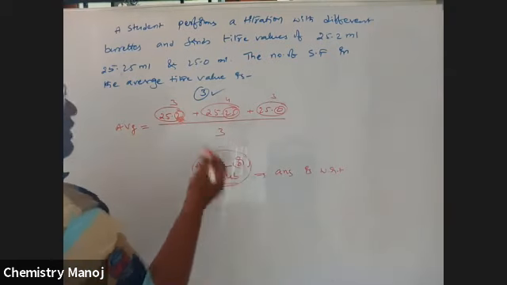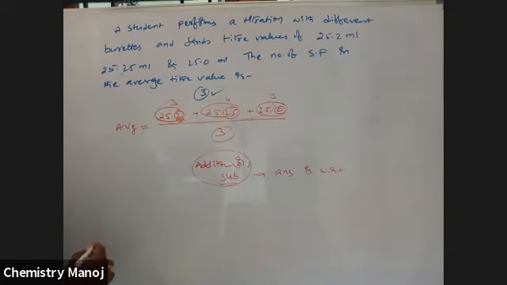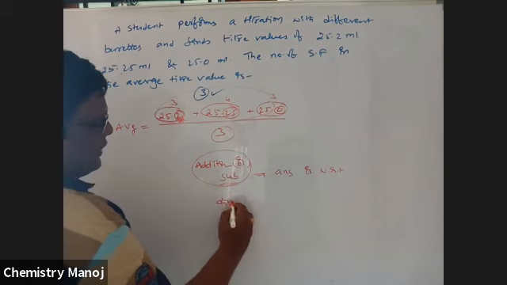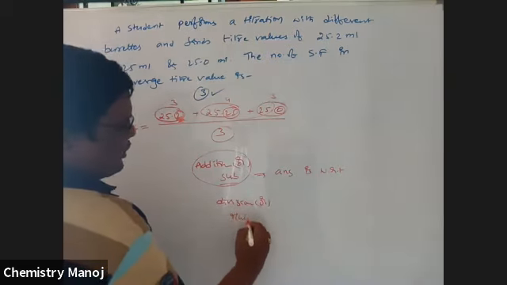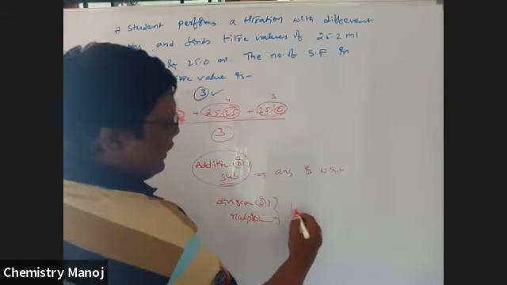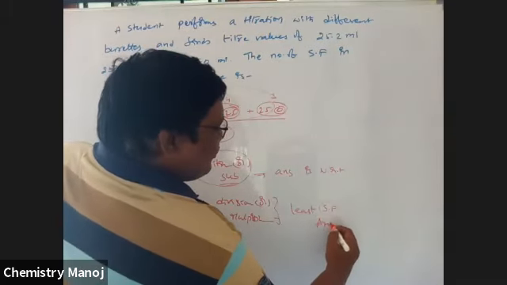But in division or multiplication, whether it is division or multiplication, the least significant figure is the answer.